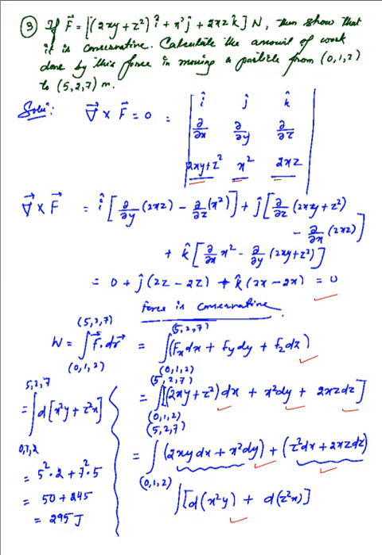The integration stays as such. We simply set those limits: the lower limit of x is 0, so we put 5 squared there. For y we have 2, and for z the higher value is 7, and all of that gives us 295 joules.